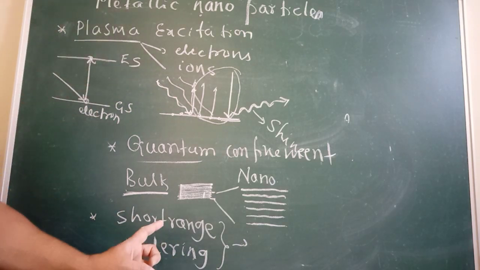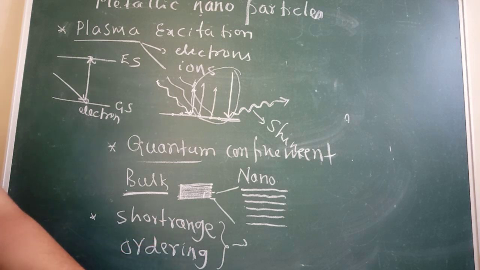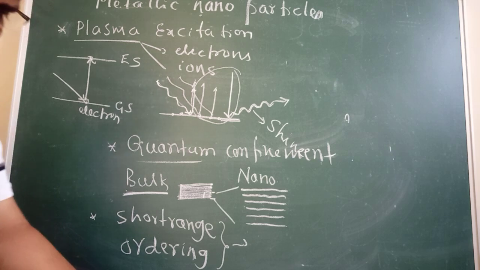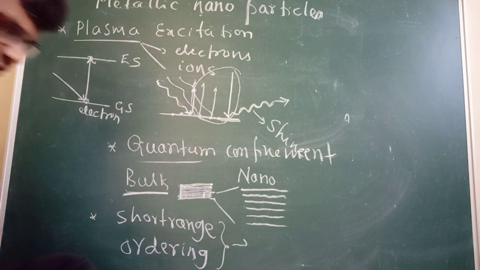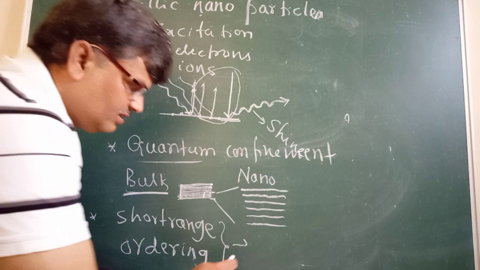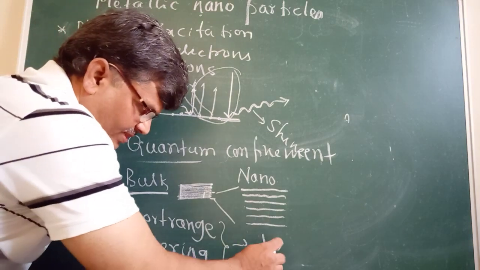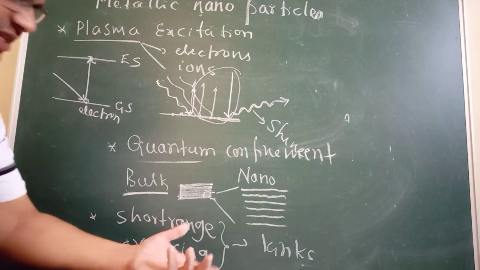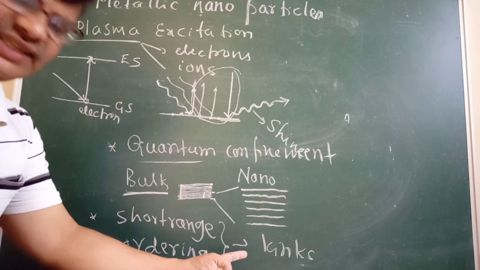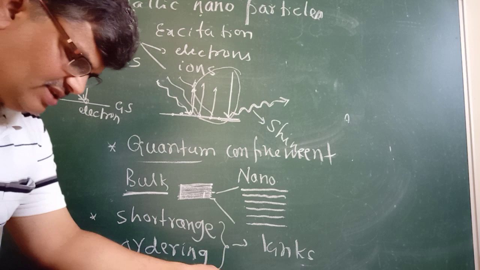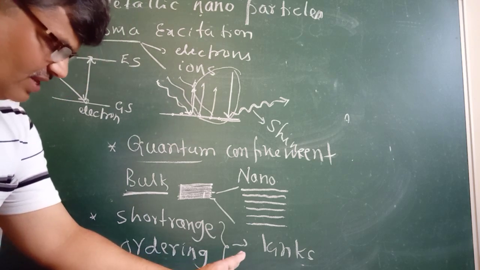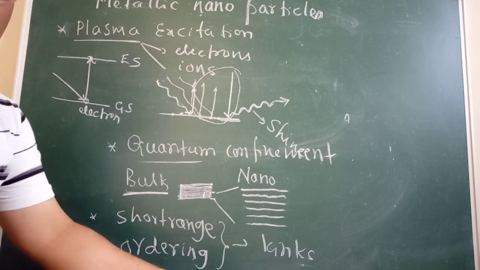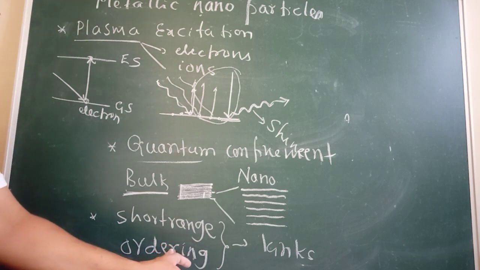In the case of nanomaterials, like nanofilms and nanofibers, we find kinks, meaning a number of bands and strains. These are usually called low coordination sites, and we call this short range ordering.